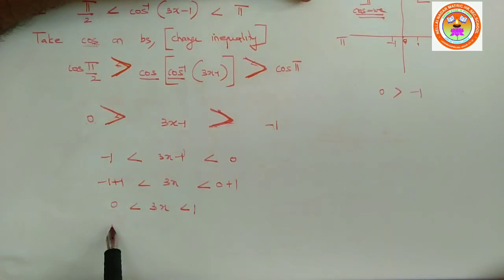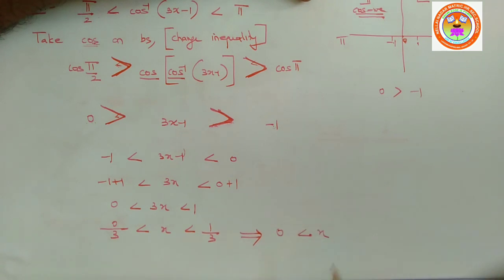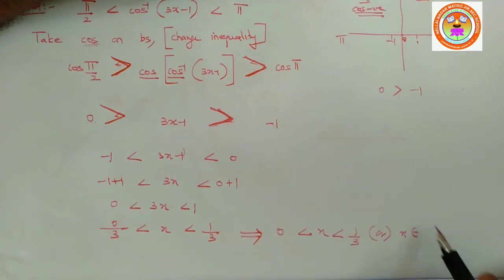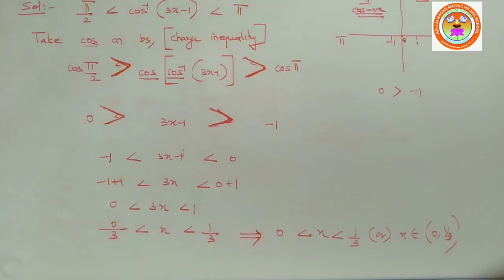This 3 comes down: 0 by 3 less than x less than 1 by 3, which implies 0 less than x less than 1 by 3. So this is the answer: 0 less than x less than 1 by 3, or you can write x belongs to (0, 1/3). With this we can finish this sum.